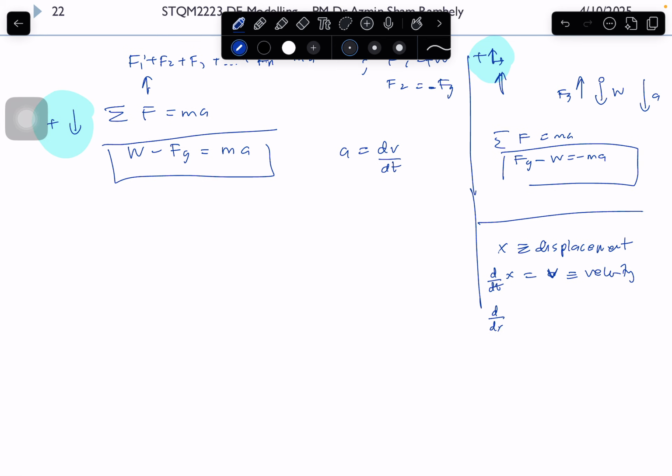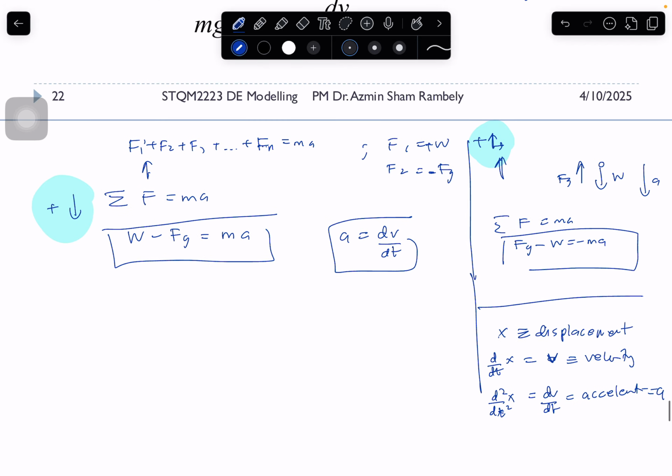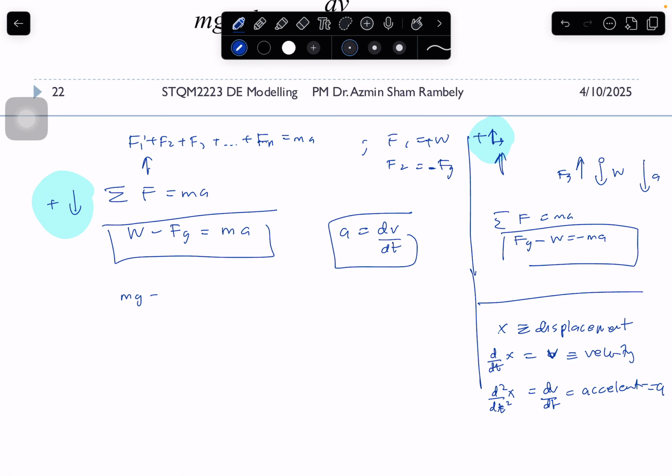You derive x again, d squared x over dt squared, or derive v, you'll get acceleration, which is equals to A. So A is dv/dt. So I'm going to replace back W equals to mg minus Fg.